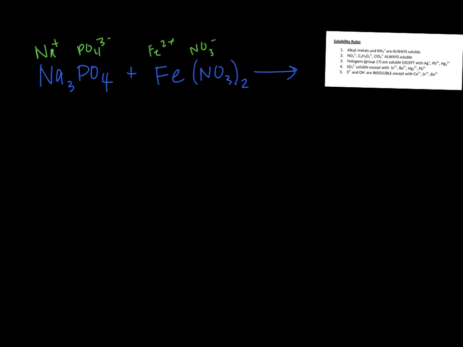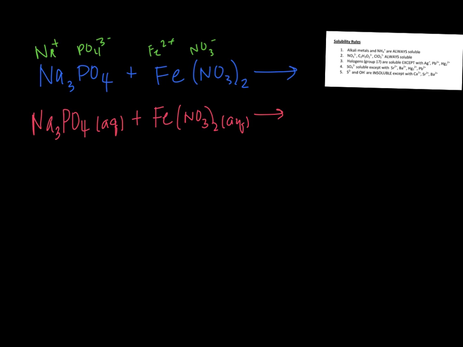okay? So I'm going to rewrite the reaction down here. And sodium phosphate is aqueous because the sodium is soluble always. And then we have iron 2 nitrate. And that is also aqueous because nitrates are always soluble. Okay.